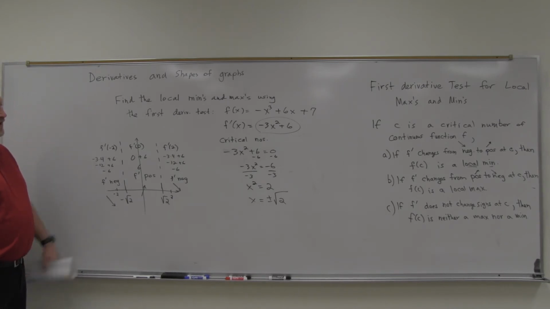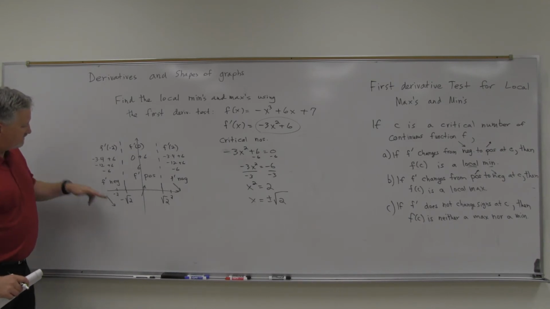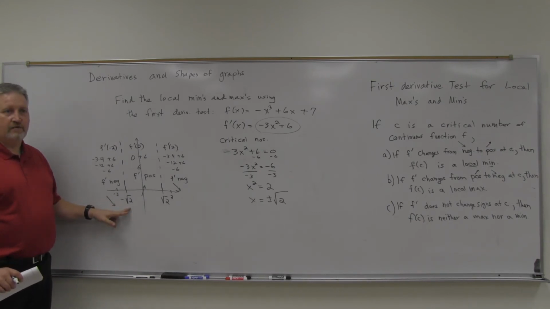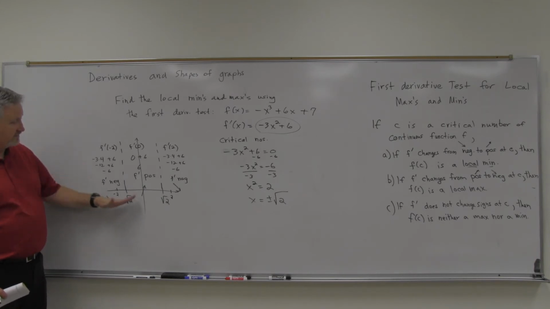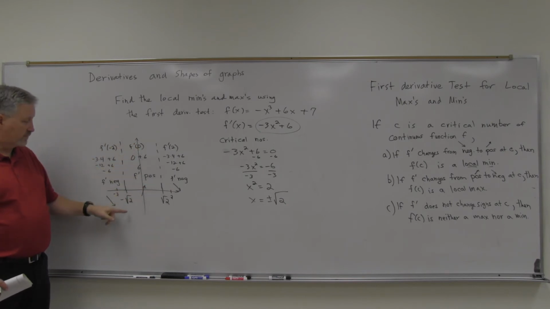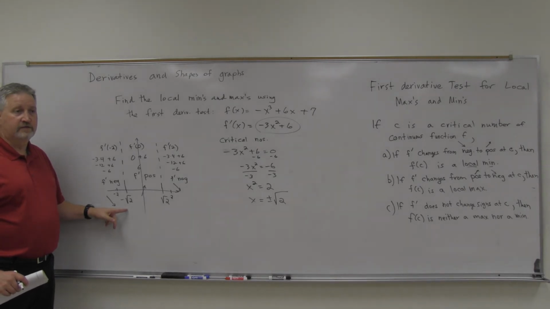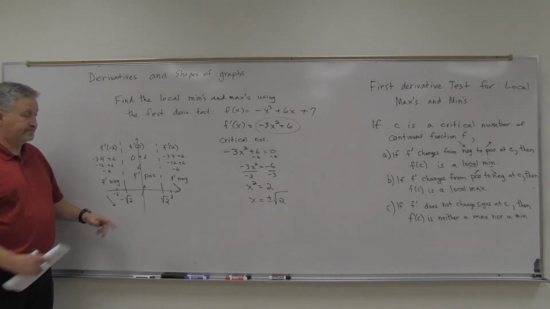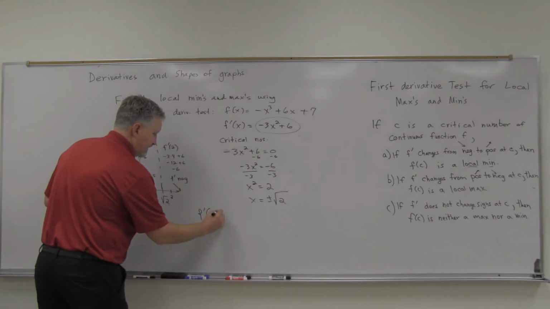Okay. So what have I got? In this case, I was looking at local maxes and mins. What do I have at negative square root of 2? Well, we're going from f prime negative to f prime positive. Down, up. What is the function value at negative square root of 2? It's a min, right? So this tells me f prime at negative square root of 2.